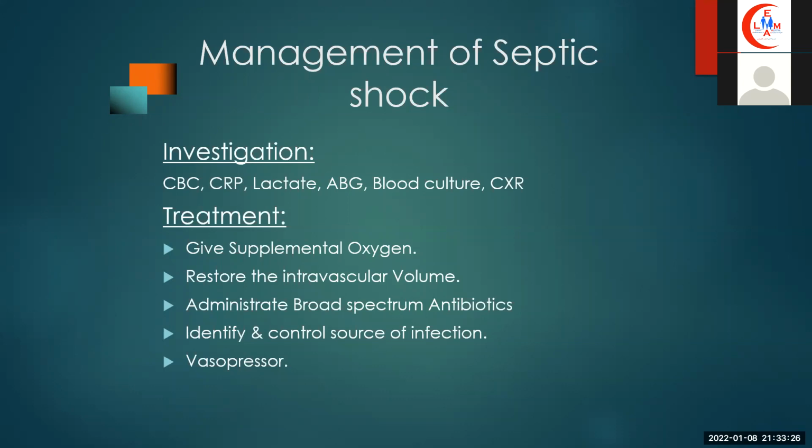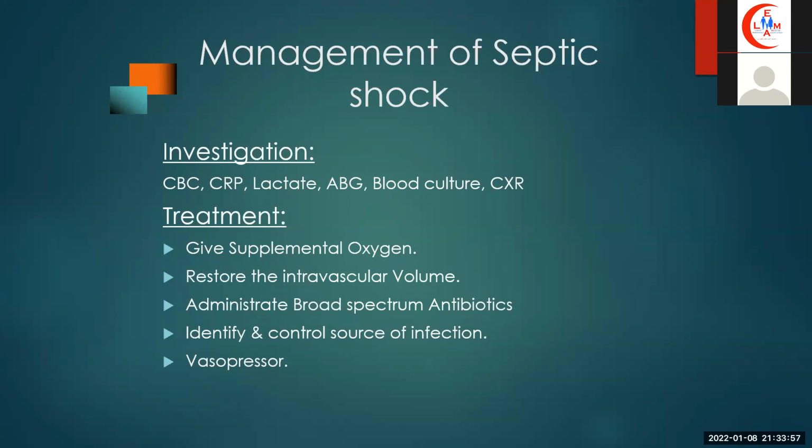And you give 3: you give oxygen, you give IV fluid, and you give antibiotic. The antibiotic, as we mentioned, is broad spectrum, depending upon the likely pathogen. So it should act against gram-negative and gram-positive. If you think the patient had MRSA, you should give vancomycin.